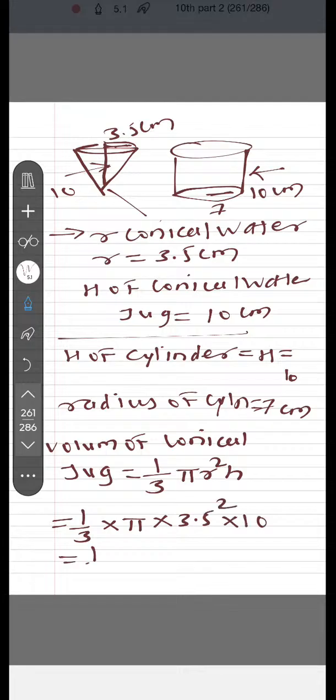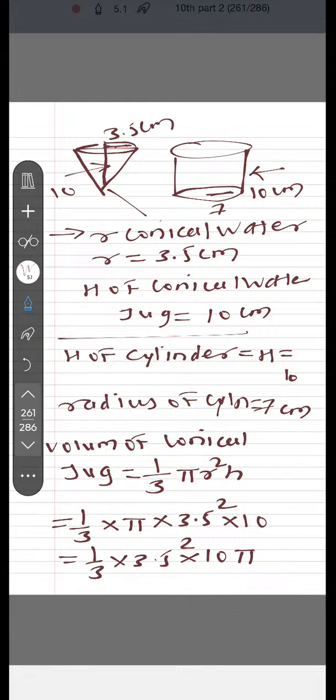How can we simplify it? Simply 3.5 square into 10 times pi, into 10 times pi here.